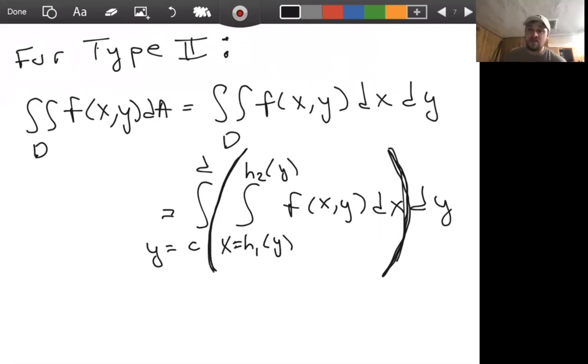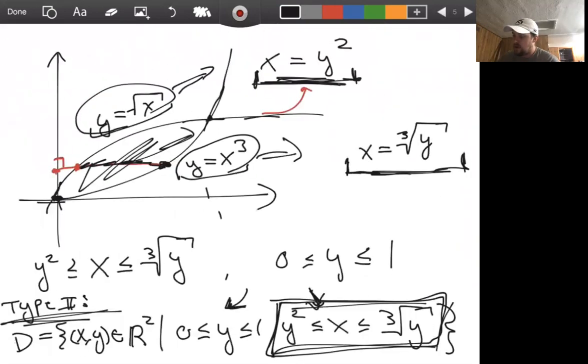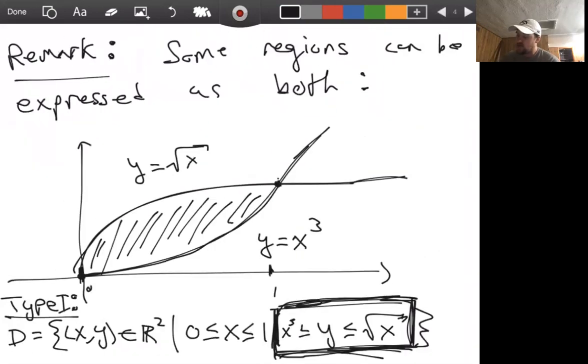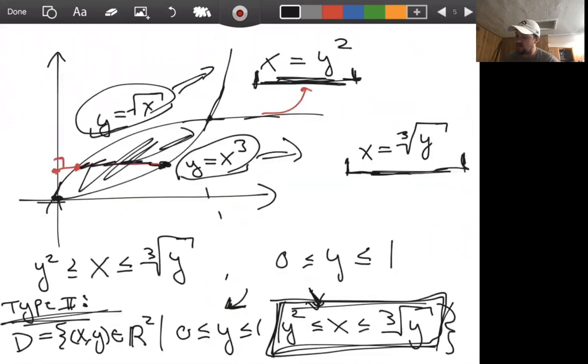And if we want to flip the order, we have to do what we did in this example, where we change the bounds. If we are integrating over a region of type 1, but we want to flip the order of integration, we must convert to a region of type 2 when we flip the order.